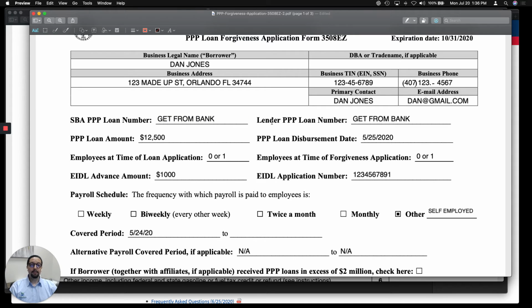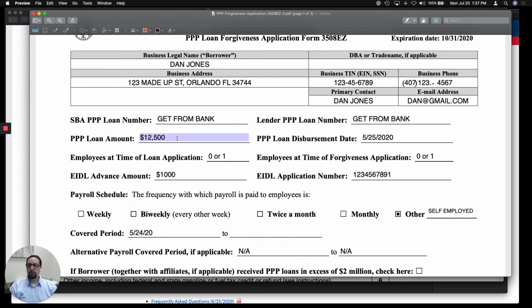It's also going to ask you for the lender PPP loan number, so this you also get from your bank. This is a number from the SBA and this is a number from the bank. Two different numbers, but the bank is the one who's going to give you both.